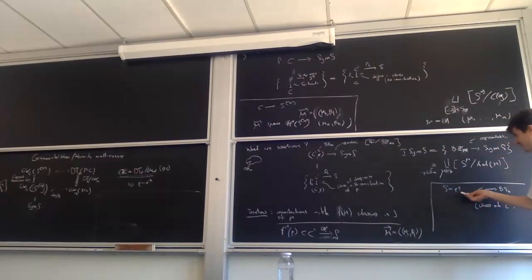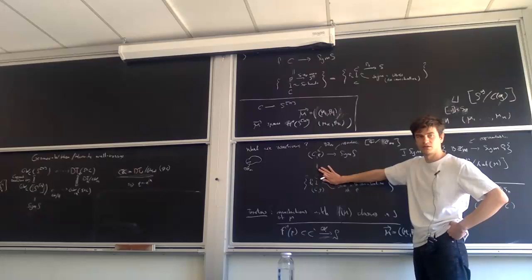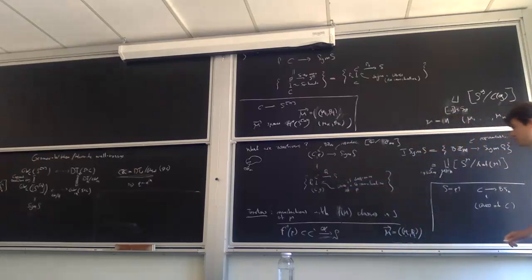If S is a point, you just have covers, you don't have this extra data, since there is no map to S because it's just a point. So in particular, the theory becomes covers of C, this kind of admissible cover, right? Yeah, admissible, exactly.